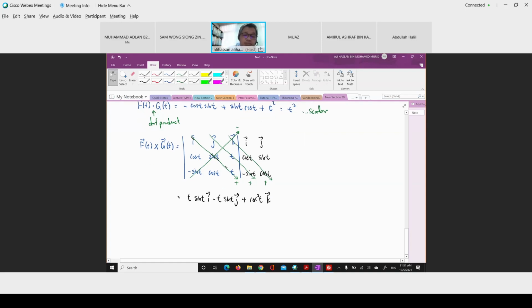So we have minus sine squared t k. And then we multiply these three elements also with a minus sign. The product is equal to t cosine t i.